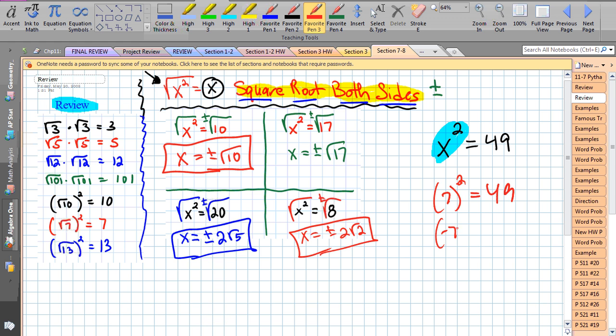And if x was equal to negative 7, and I squared it, that would be 49 as well. So notice there are two answers here. That's why x would be plus and minus 7. So let's keep all that in mind as we tackle these four examples.